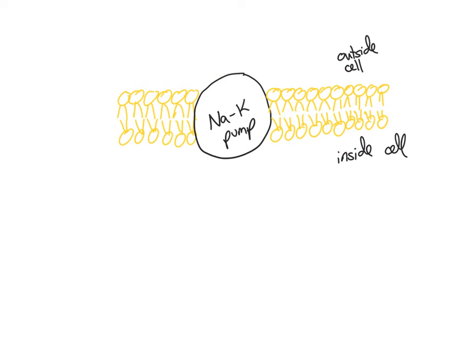We're going to focus on the key important facts to remember about a sodium-potassium pump, which is that, first of all, this is an active process. It uses ATP. And for each cycle of the sodium-potassium pump, it pumps 3 sodium ions out for every 2 potassium ions that move in. 3 sodium ions out, 2 potassium ions in, and you do need to know which way round it is.